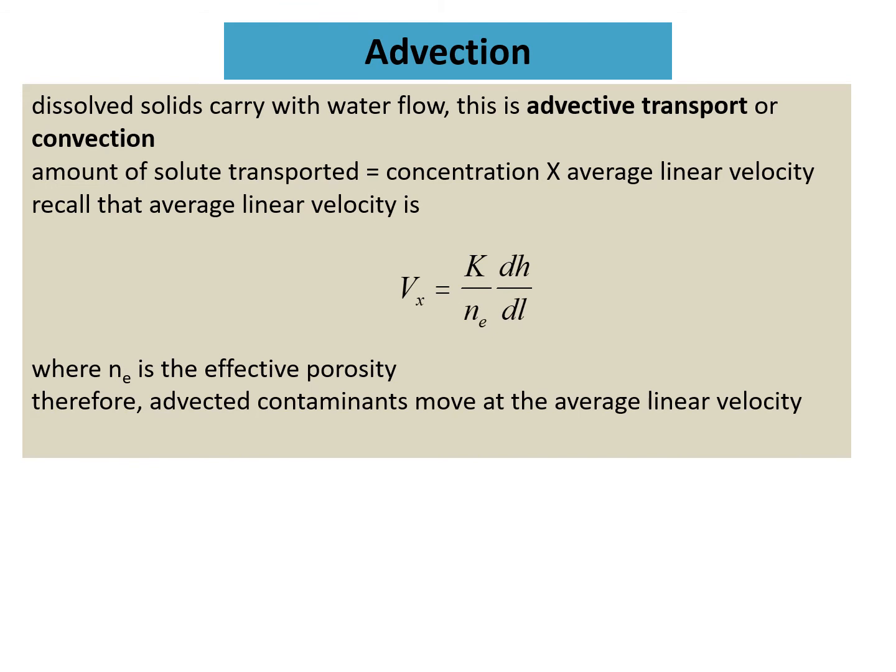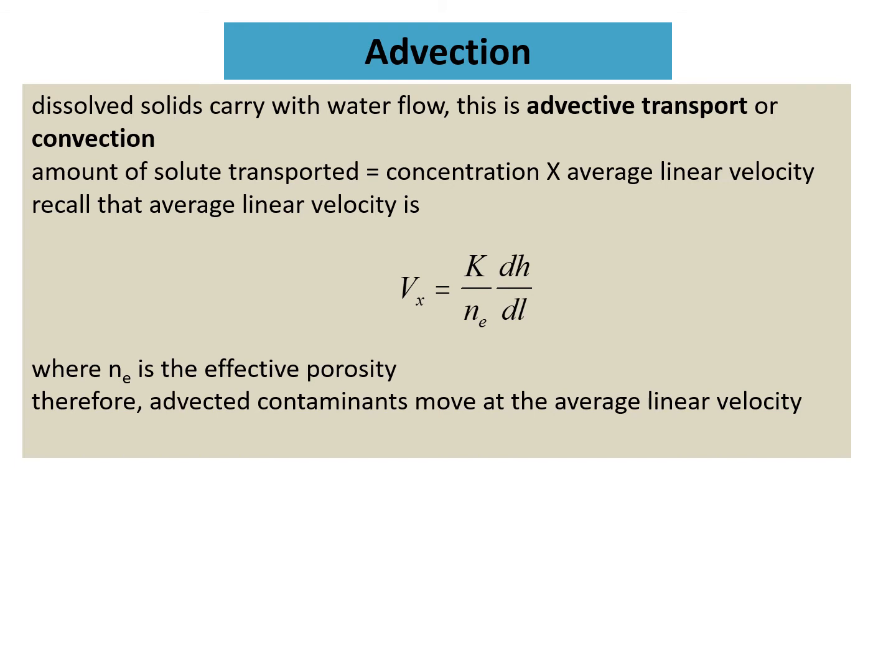The amount of solute transported is equal to the concentration multiplied by the average linear velocity. This is the average linear velocity Vx equals K dh/dl divided by Ne, where Ne is the effective porosity. This Ne is what makes it the average linear velocity. Otherwise, it would be the Darcy velocity.